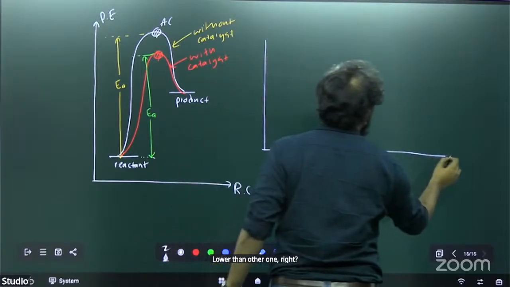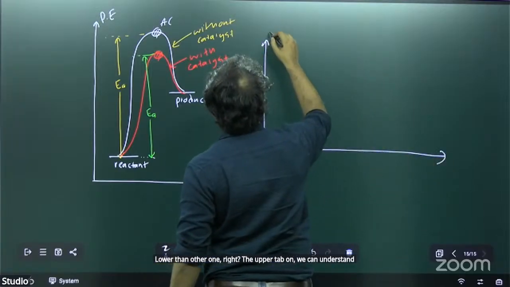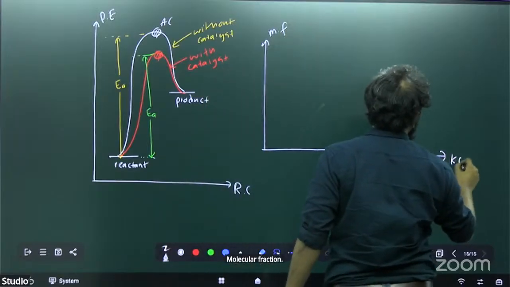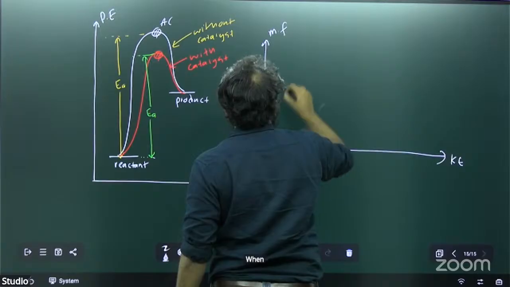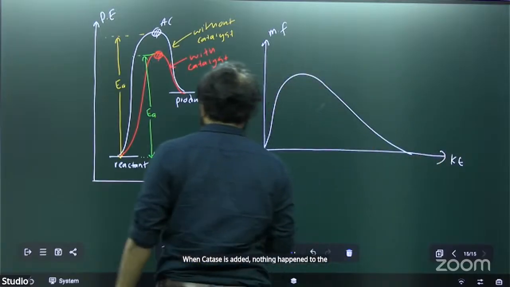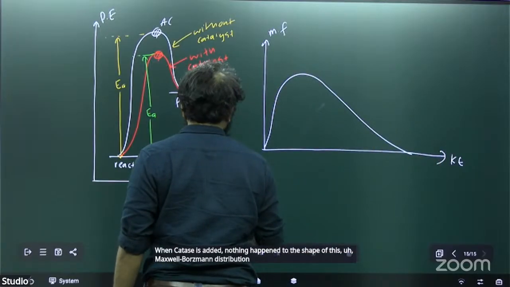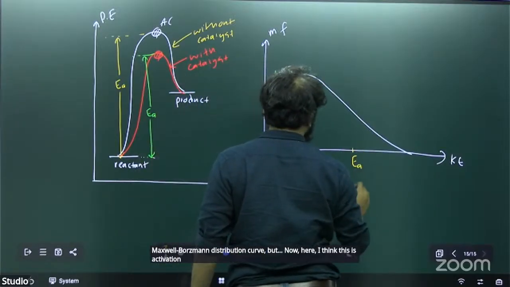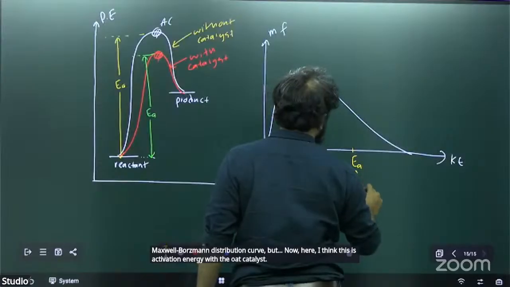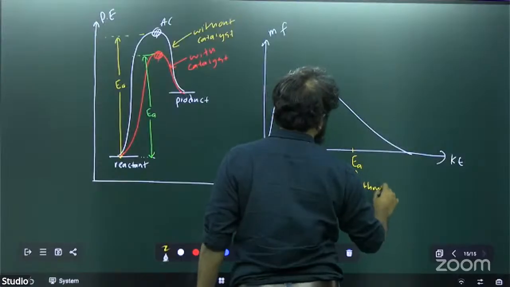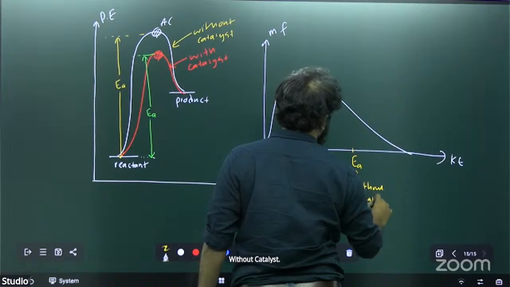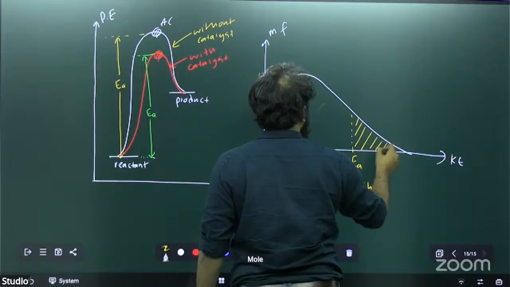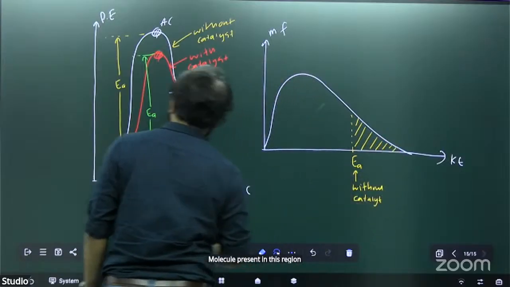Therefore, what happened? We can understand by using the Maxwell-Boltzmann molecular fraction kinetic energy curve. When catalyst is added, nothing happens to the shape of this Maxwell-Boltzmann distribution curve, but think this is the activation energy without catalyst. Molecules present in this region have activation energy.